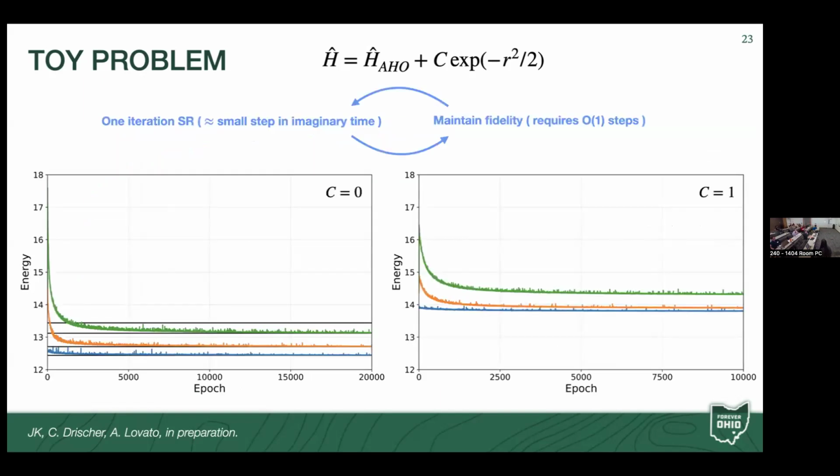Then we can actually get to the good part, which is to go back and forth between doing a small step in imaginary time and then maintaining this orthogonality. Because we've worked so hard in making it orthogonal in the first place, a small step in imaginary time doesn't ruin the orthogonality by that much. So it usually requires 1 to 10 steps to maintain the orthogonality.